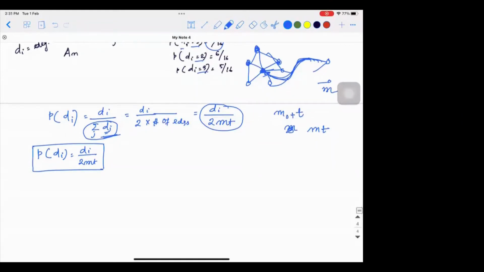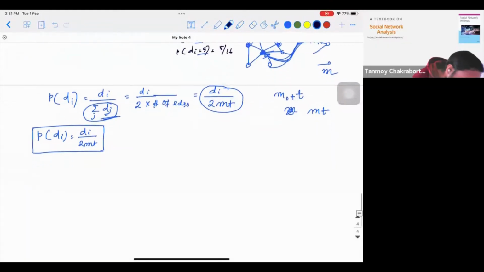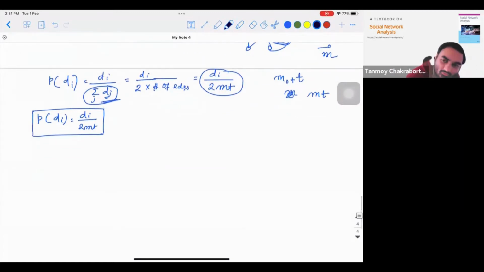Yes. Now let's look at how the degree evolves, because we are interested in the degree distribution, right? And we want to see whether the degree distribution follows the power law or not. In order to do this, we will follow two ways. One is called the continuum approach.